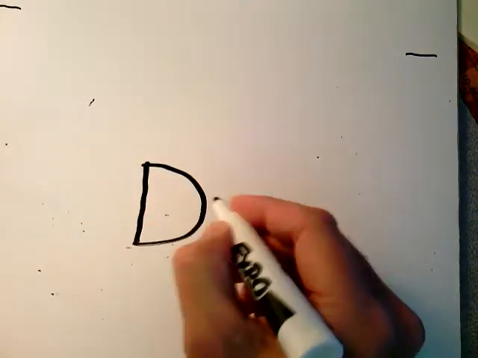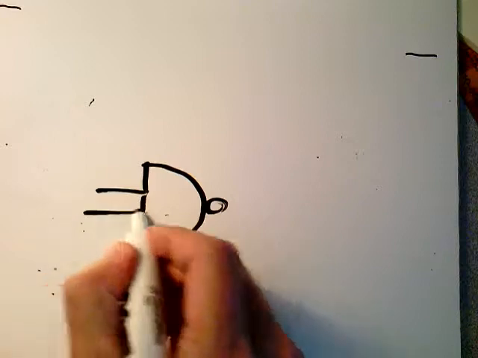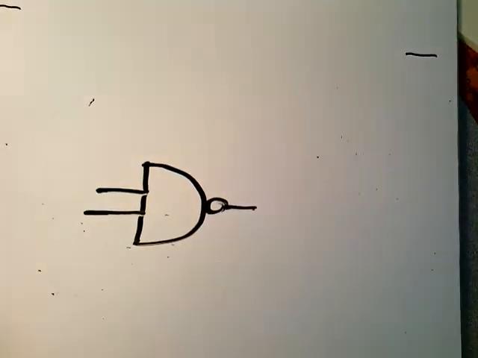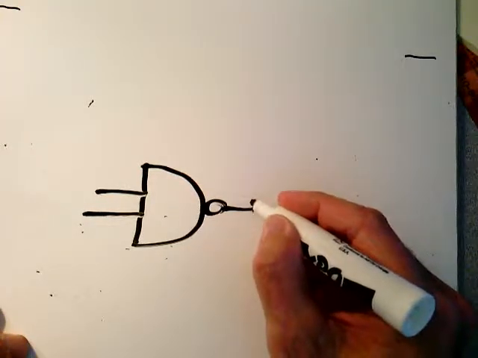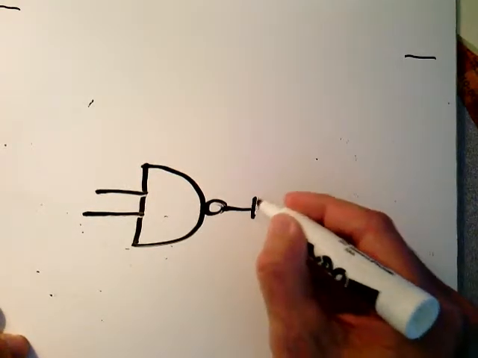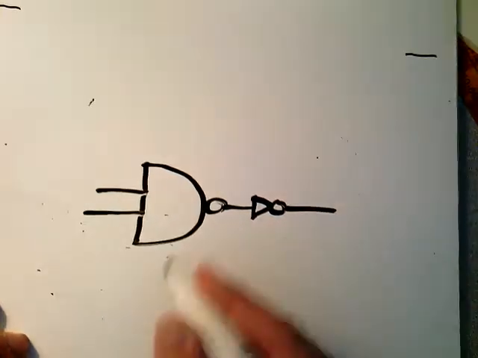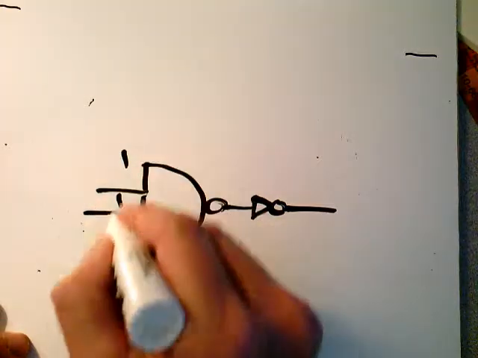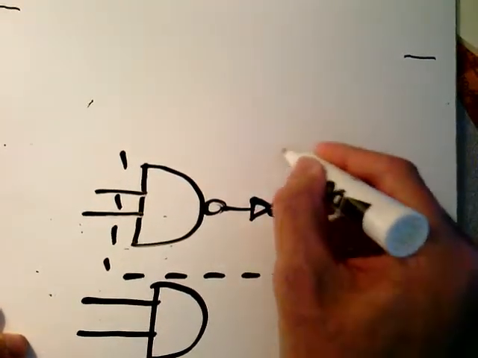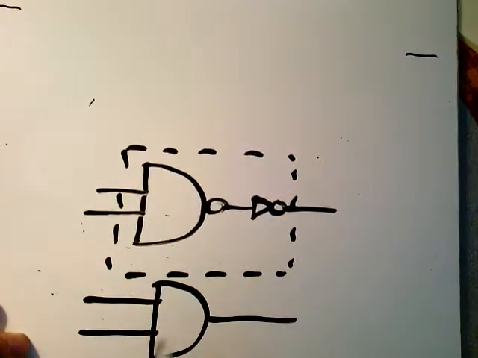There's your NAND gate. And we want to make an AND gate out of that. Well, we just have to put an inverter out here. If you put an inverter out here, that circuit just becomes an AND gate.